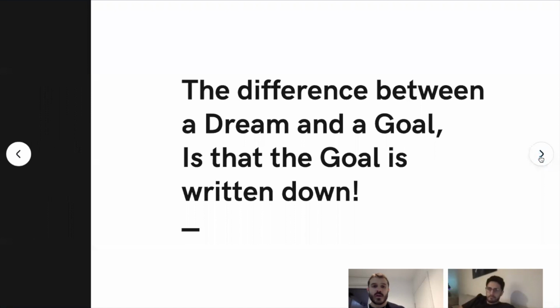So before we start, something that has made a massive difference in my life in the last probably 2 years is this sentence: the difference between a dream and a goal is that the goal is written down.